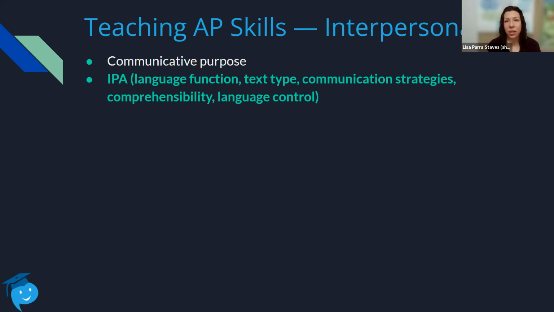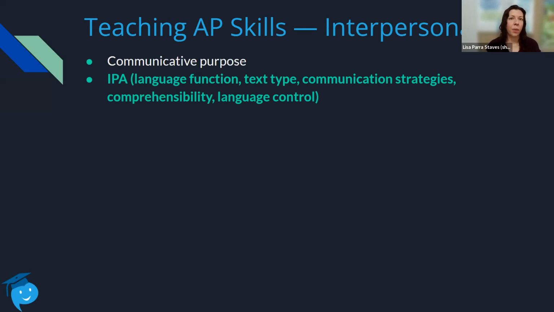Their communication strategies: how they handle the situation if there's a breakdown in communication, what they're able to do to help one another stay in the target language and to stay in the target language themselves as well. Comprehensibility: who can understand the student? Is their pronunciation heavily influenced by another language?